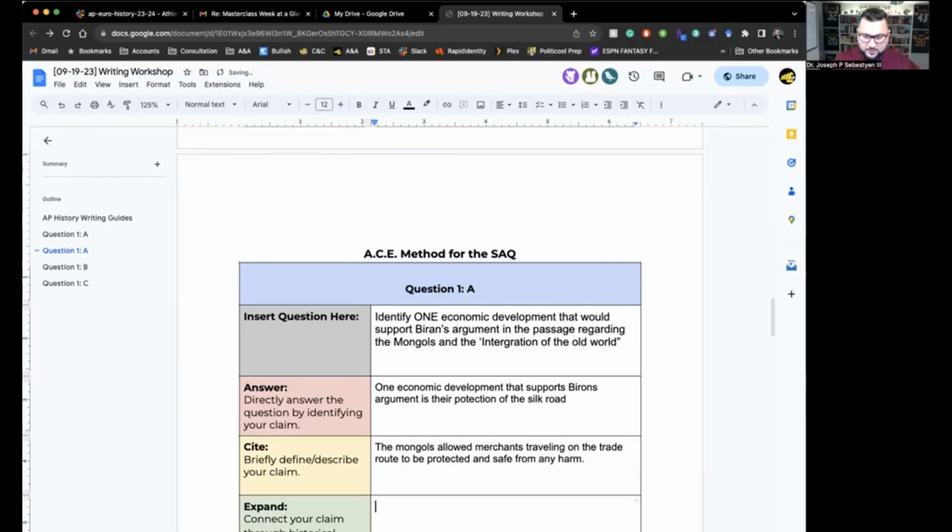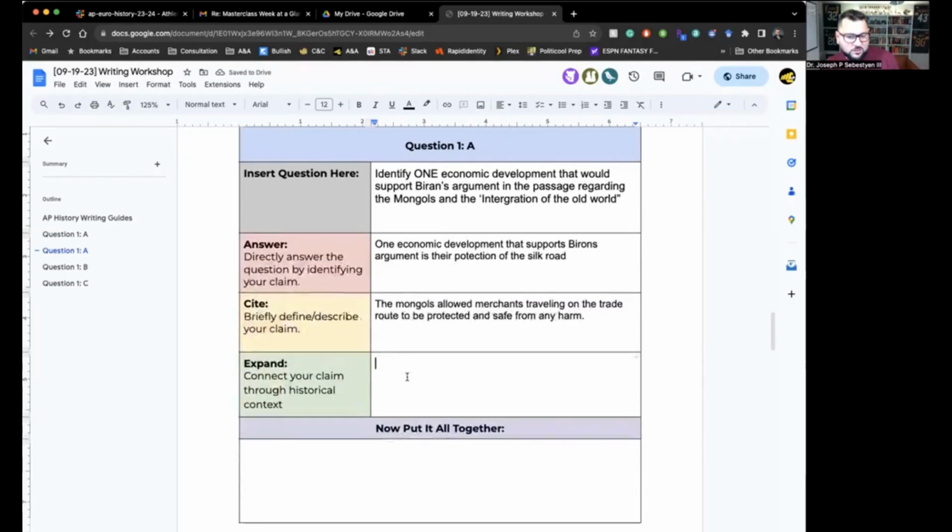The Mongols were bad dudes, but they allowed merchants to travel without harm. And then as a result, goods and culture were able to be transferred between the different continents.